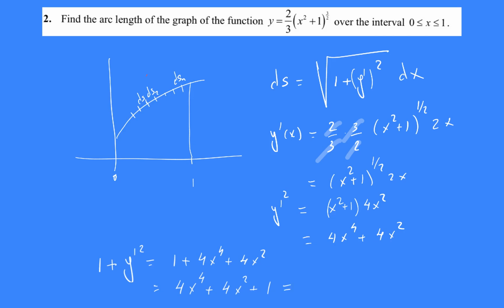Or if we write it like the square of two terms, the 2x squared will produce, when I square it, 4x to the 4. The second term will be produced if I write this like (2x squared plus 1) squared.